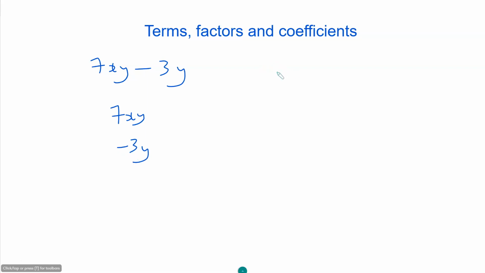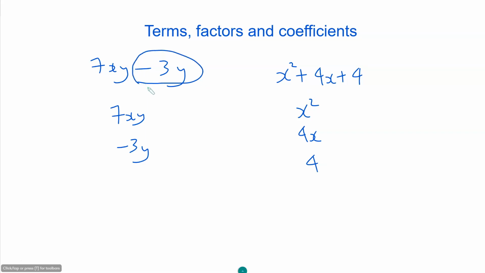We have an expression like x squared plus 4x plus 4. There are three terms in this expression: x squared, 4x and 4. If there is a minus sign, you usually say the term is minus 3y.